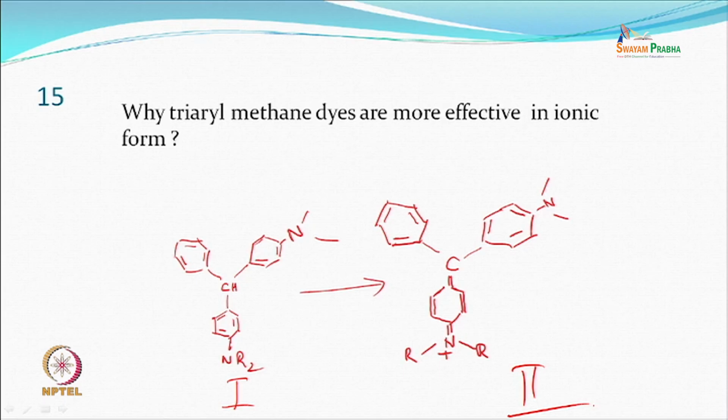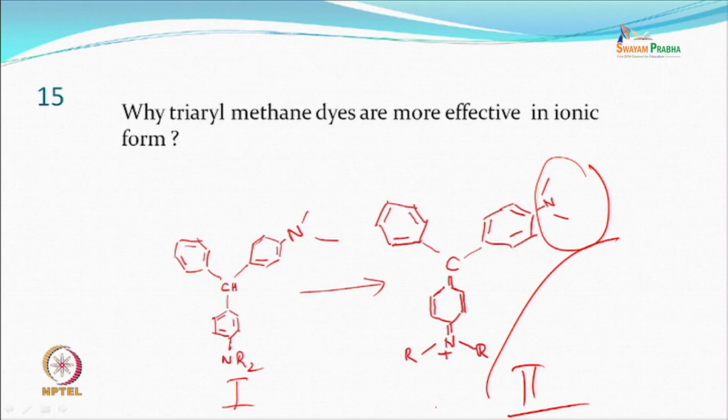The moment you create conditions where a cation is created, you can appreciate that from here to here the conjugation is there, and a resonance is possible where this particular nitrogen can also have a double bond like this and get a plus charge. So, two structures alternatively are possible.